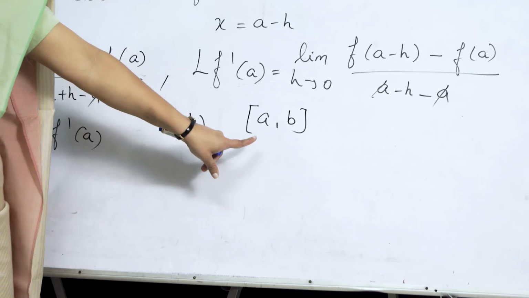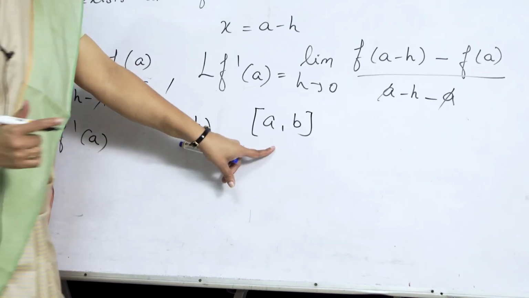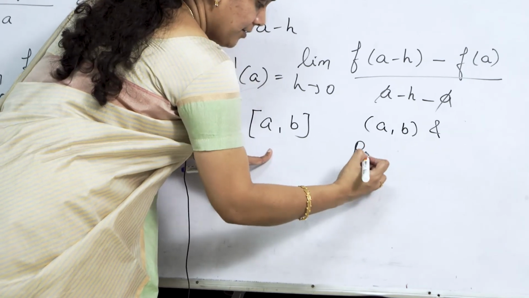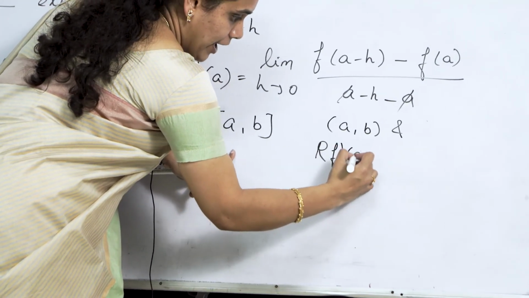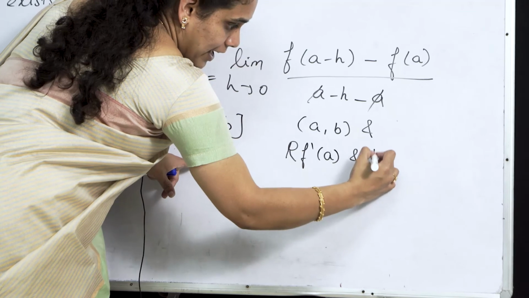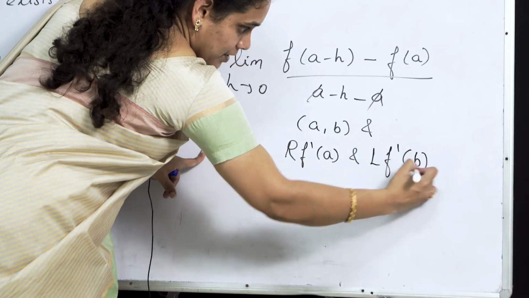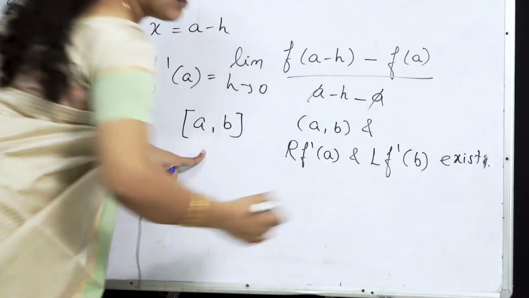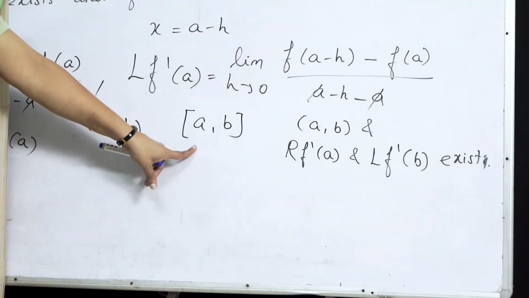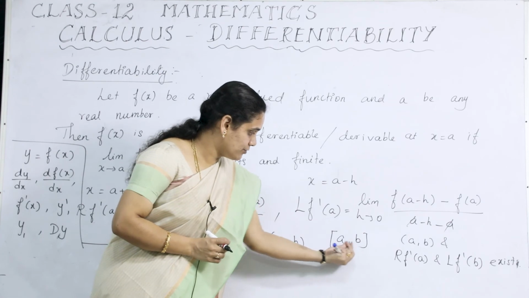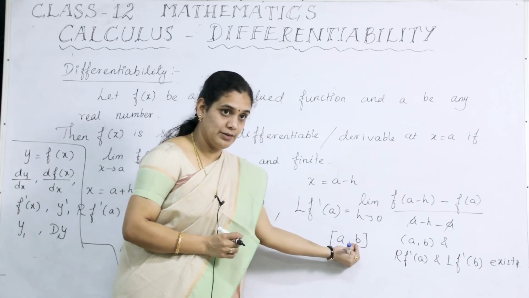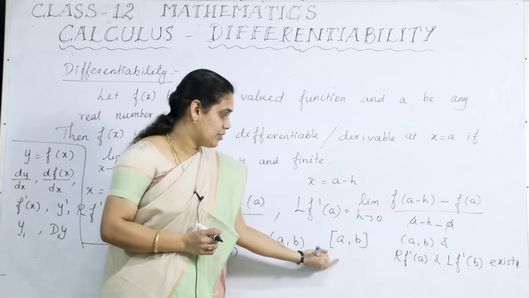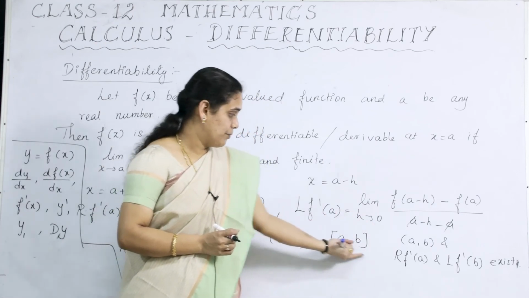It should be differentiable at every point of the open interval (a, b), and also this Rf'(a) and Lf'(b) should be existing. Okay, then only we say that it is differentiable on this closed interval [a, b]. See here, right side of the limit and here left side of the limit, both should exist. Then only we can say that the function is differentiable on this interval [a, b].